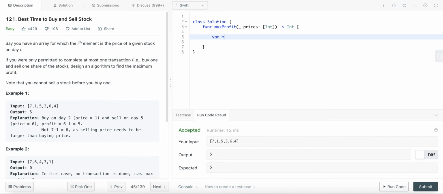Cool. So we'll maintain a max profit variable which will hold the maximum profit that we have achieved until now.